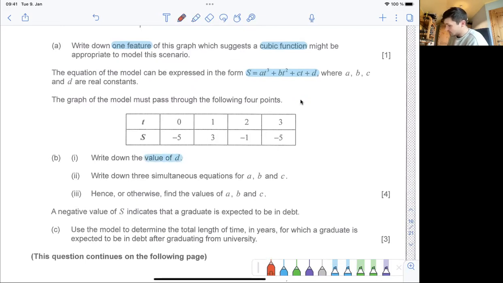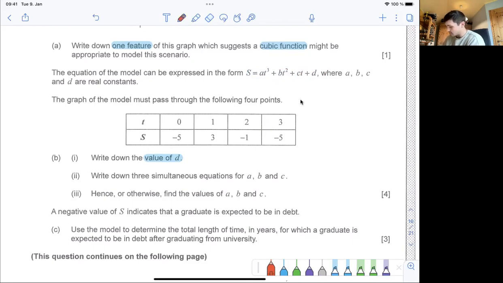Now when we look at our function here, D is effectively representing the y-intercept. Because if T is equal to 0, the AT cubed bit is going to be equal to 0, so there's nothing there. The BT squared bit is going to be equal to 0, and CT is also going to be equal to 0. So we'd just be left with D. So when T is equal to 0, S is going to be equal to D, effectively.